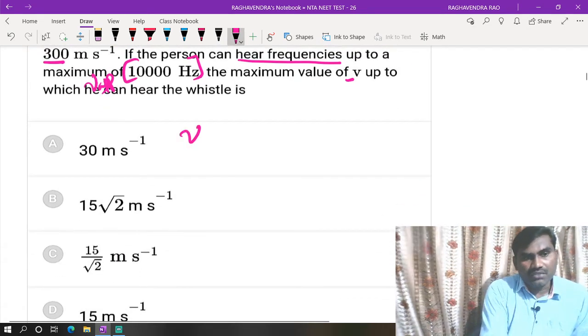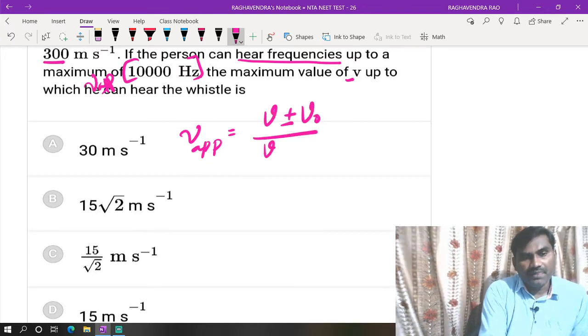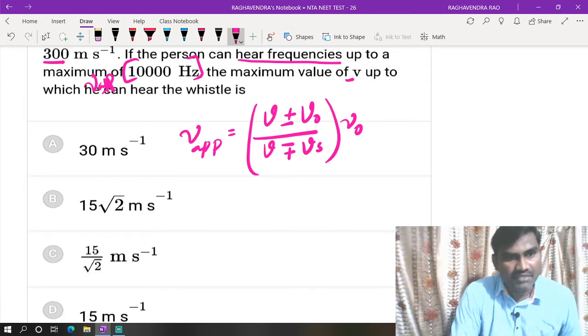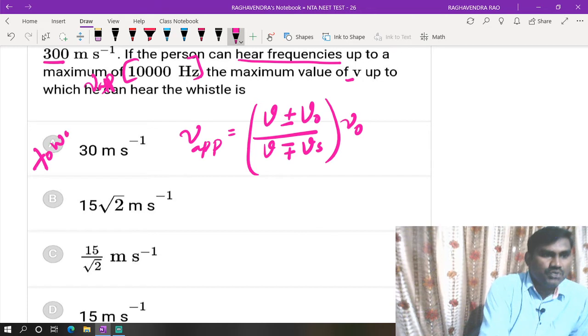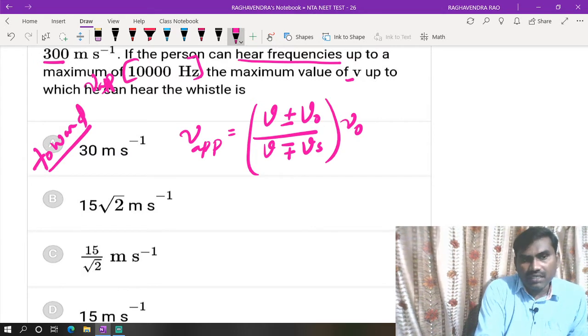According to the Doppler effect, apparent frequency is equal to (V plus or minus V naught) by (V minus or plus Vs) into the original frequency. This is the general form of the apparent frequency. Now we need to apply towards. Towards means upper sign: positive in the numerator, negative in the denominator.